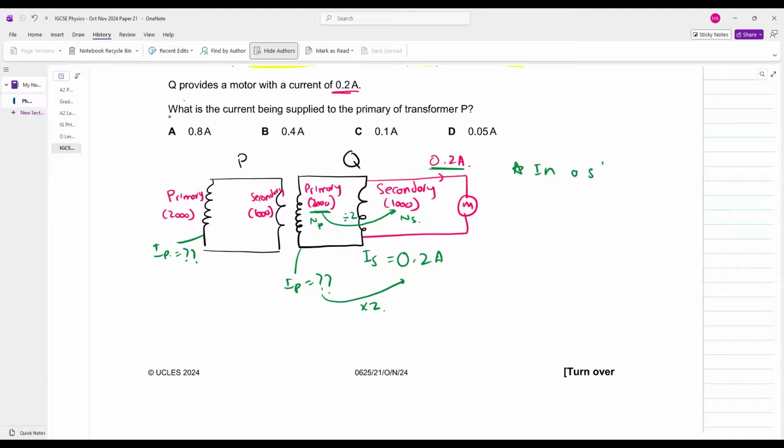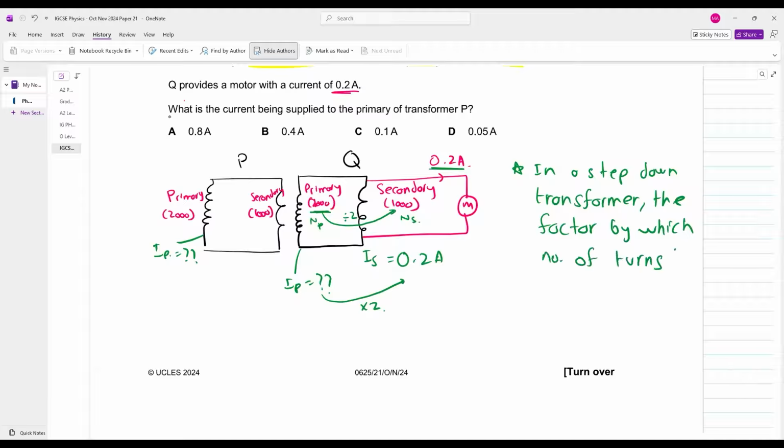In a step down transformer, the factor by which number of turns decrease is the same factor by which current increase.